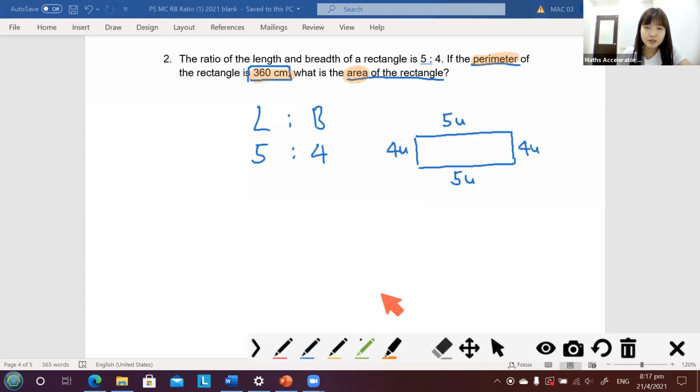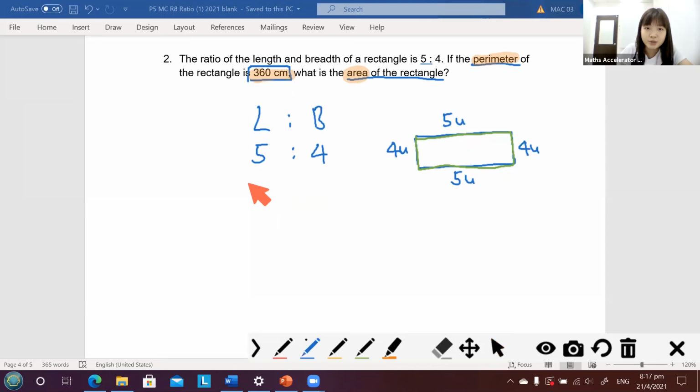So the perimeter is everything on the outside. You add up all the sides of the rectangle. Drawing the diagram can help you visualize the question better. If not, it's all words only, then you see the words, then you feel lightheaded, right? So you draw out the rectangle so you can visualize it better.